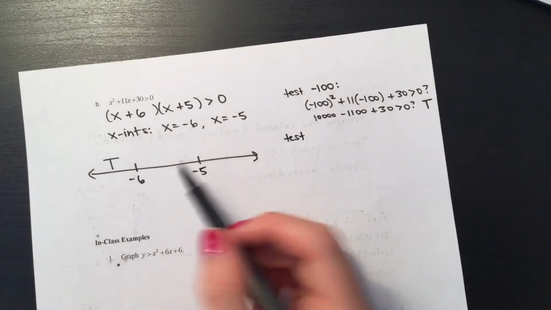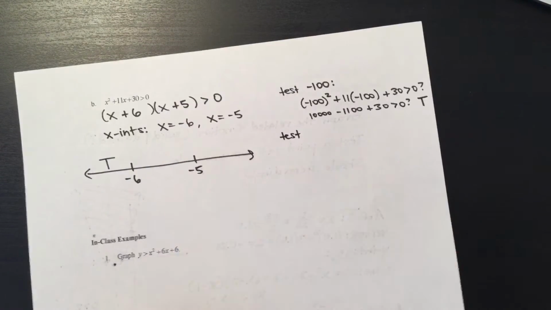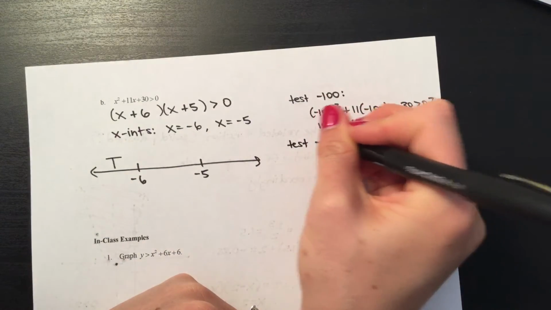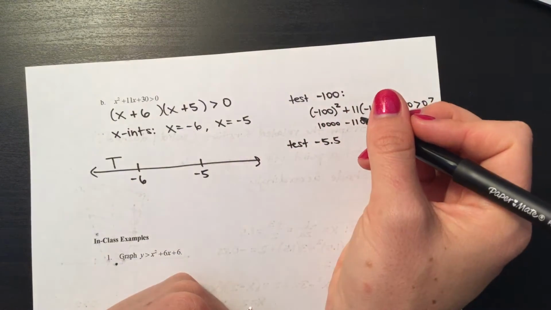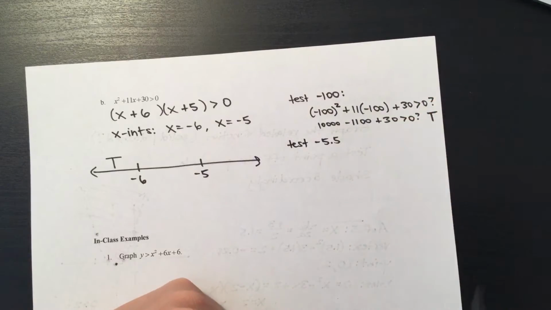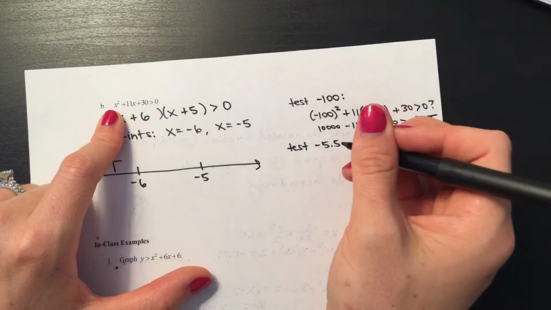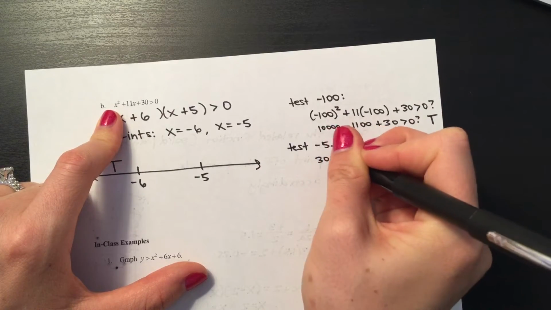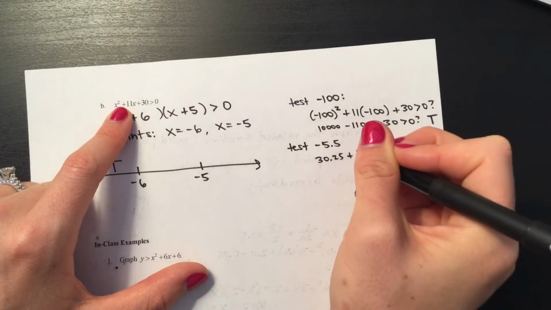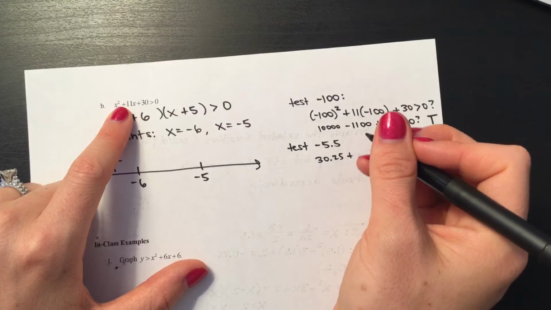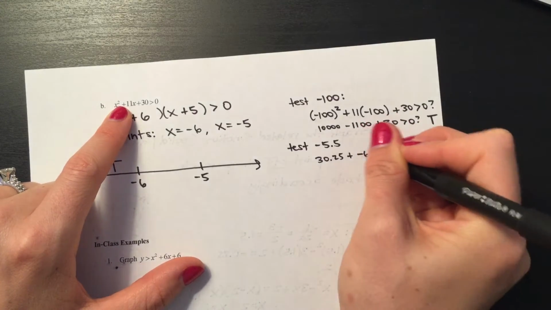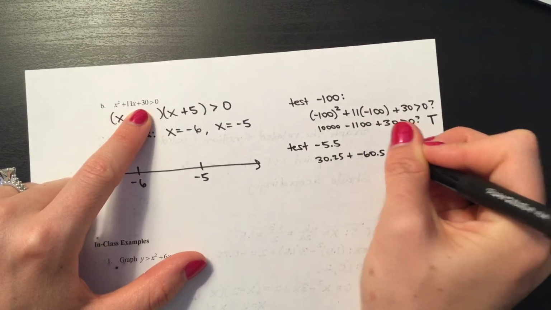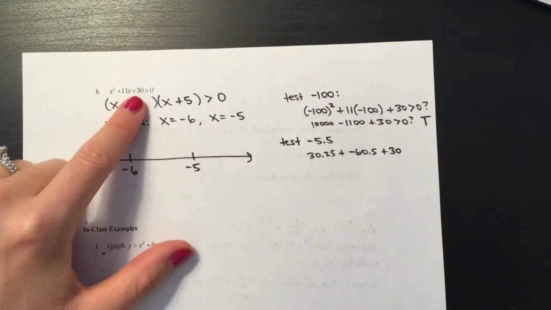Let's now test. Really, our only option has to be a decimal because these two whole numbers are consecutive. So let's test -5.5. If I plug in -5.5 squared, that is 30.25. And then plus 11 times -5.5, that's -60.5, and then plus 30. Okay, so this is cutting it close.